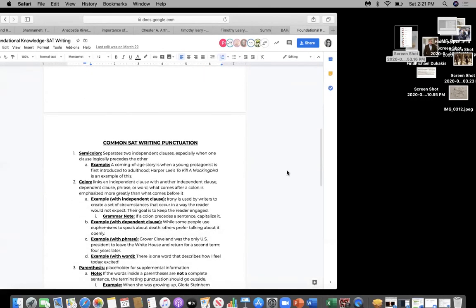So let's move on to the use of the colon. So the colon links an independent clause with another independent clause, dependent clause, phrase, or word.